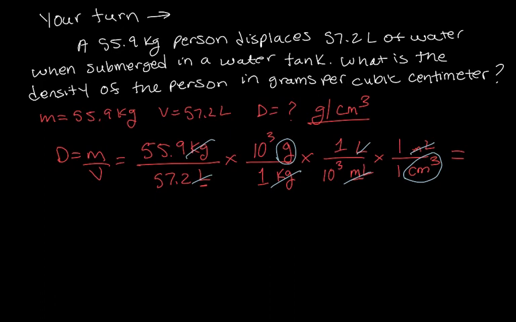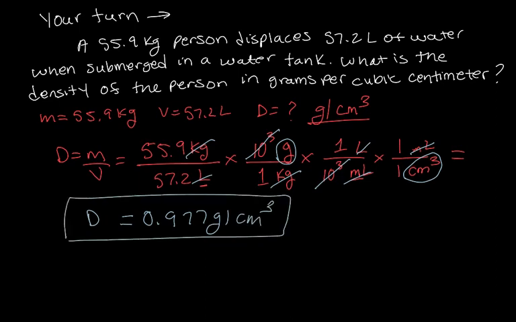Another way to simplify the math is that there's 1,000 on the top, or 10 to the third, and 10 to the third is on the bottom, and so what's 1,000 divided by 1,000? It's 1. So you can simplify that further in your head. And you plug in the rest of the values, and you end up with a density of 0.977 grams per cubic centimeter.